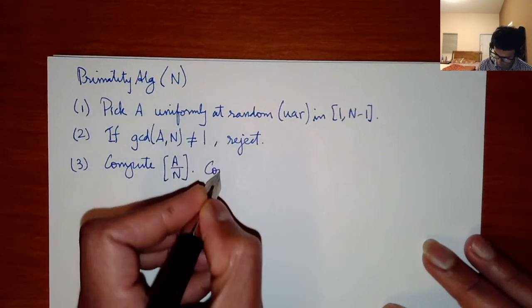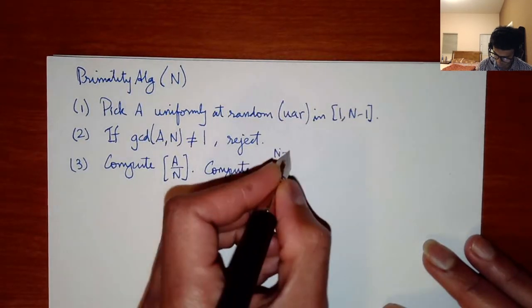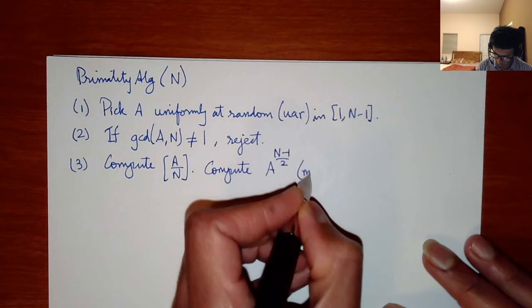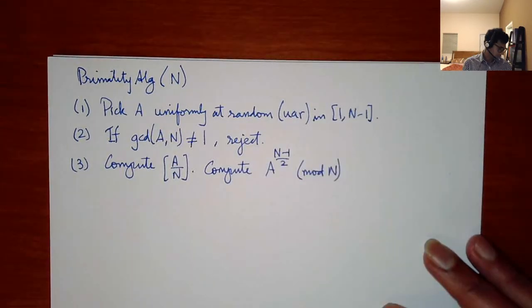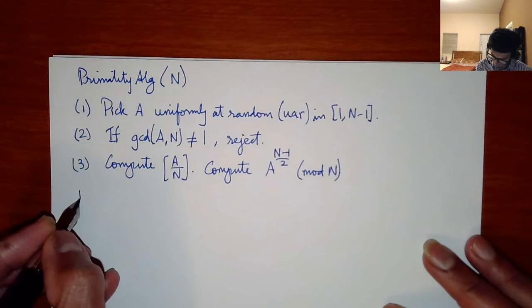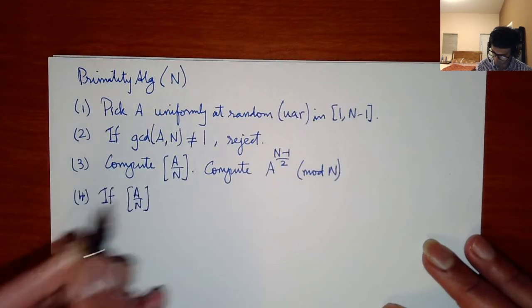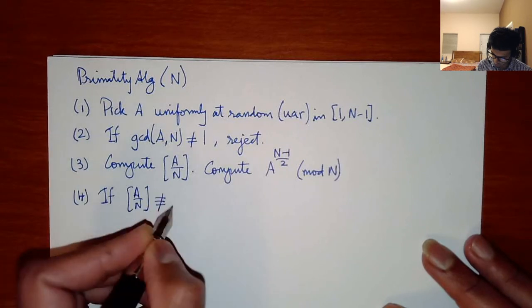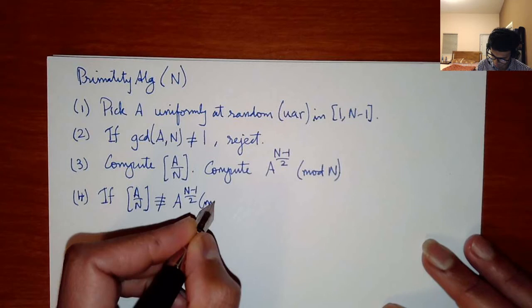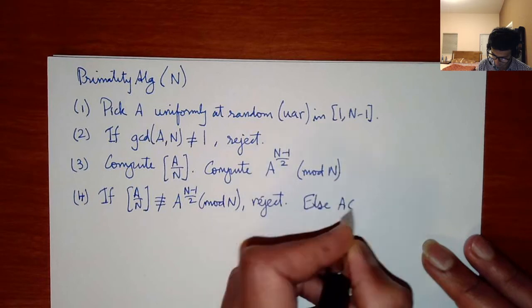Compute A to the (n minus 1) divided by 2 modulo n. And finally, if the Jacobi symbol is not equal to A to the (n minus 1) divided by 2 modulo n, reject, else accept.